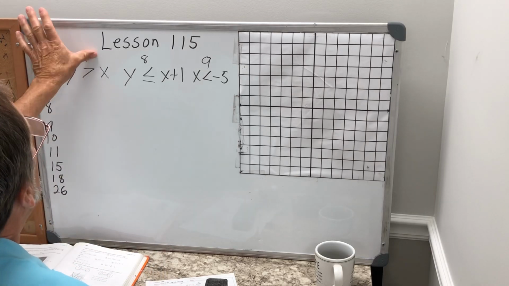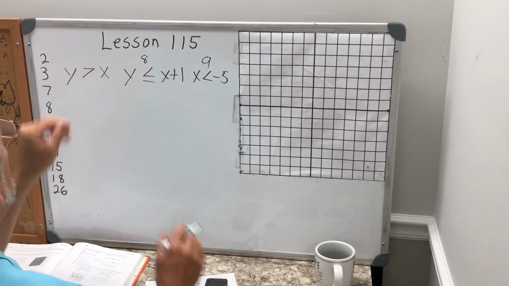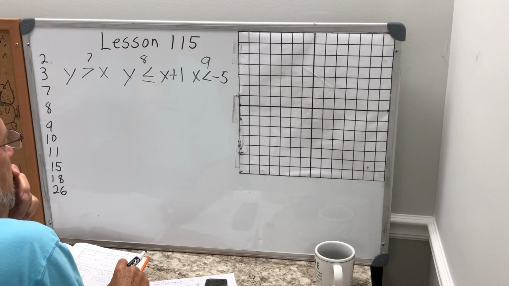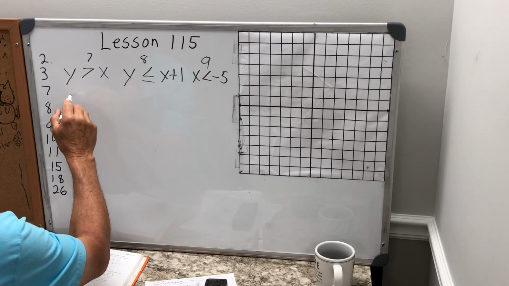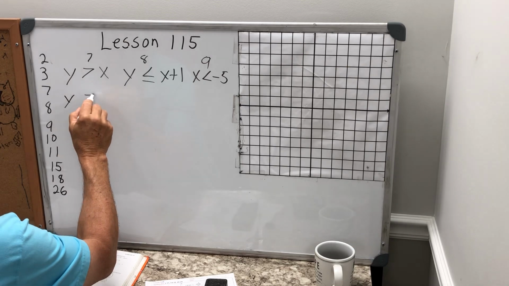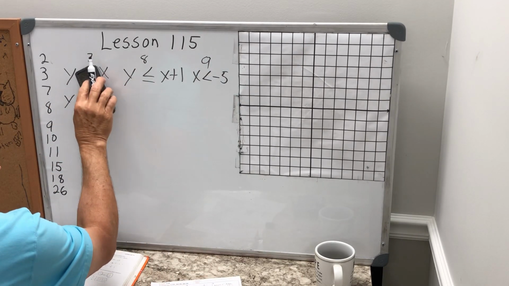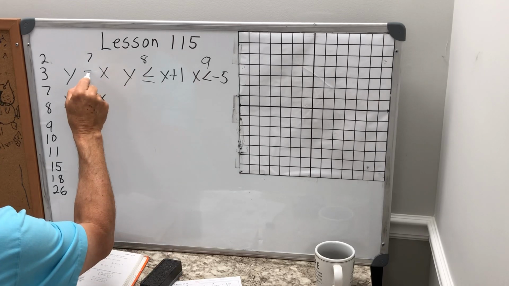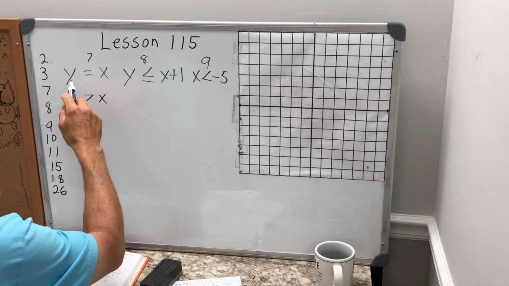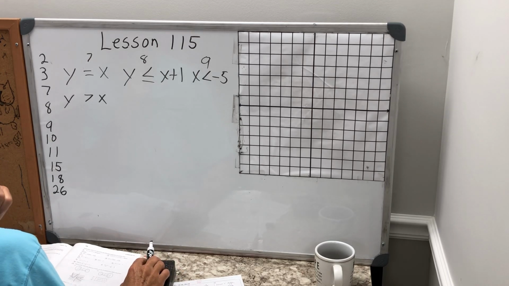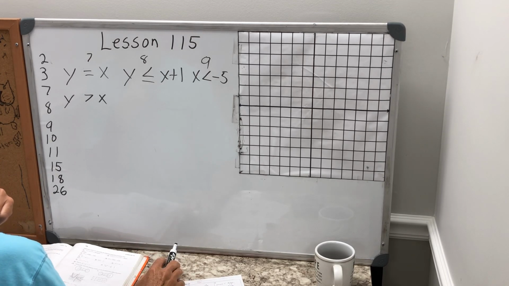Let's see if we can help you understand this. Let me see if this makes sense. This is the same as if we would use this as an equal to start with: Y equals x. How would you do this on the graph?